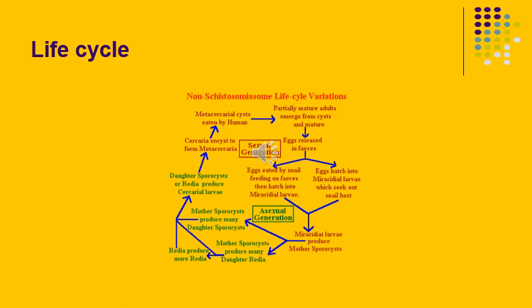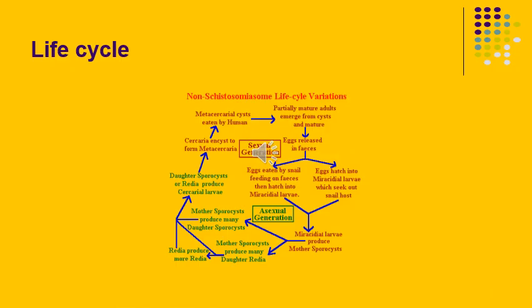After that, we can see two ways. In one of them, the miracidium changes to a mother sporocyst and after some time produces daughter rediae, and the rediae produce more rediae. And in the second way, the miracidium changes to a mother sporocyst and produces many daughter sporocysts. But the results are the same.